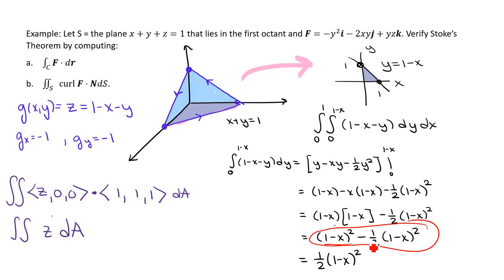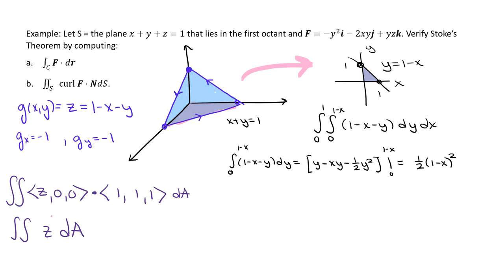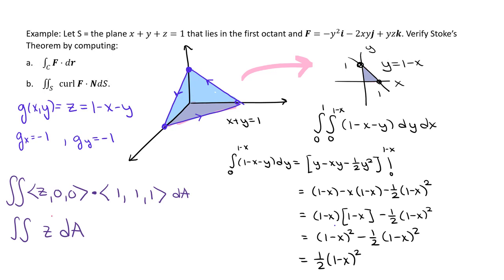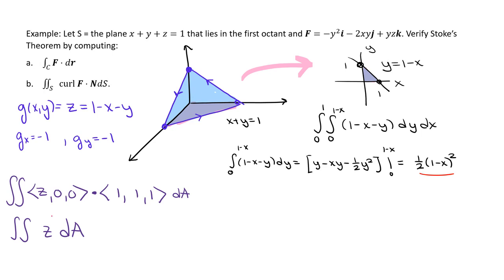So this is now (1 minus x) squared, then minus 1/2 x squared, and then I can combine those like terms. 1 minus 1/2 is 1/2, and I can rewrite this as 1/2 (1 minus x) squared. All right, so I got 1/2 (1 minus x) squared. Again, if this didn't make sense to you and you would prefer to just distribute, FOIL everything out, and combine like terms, that would be a great strategy as well.